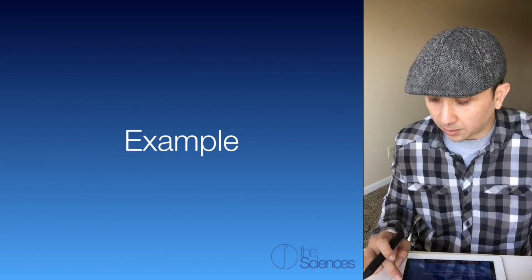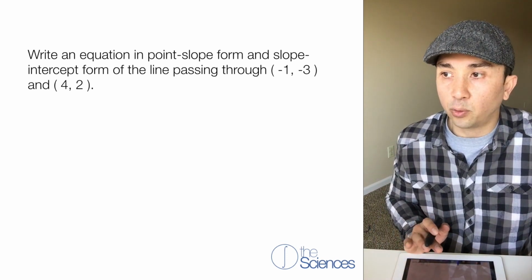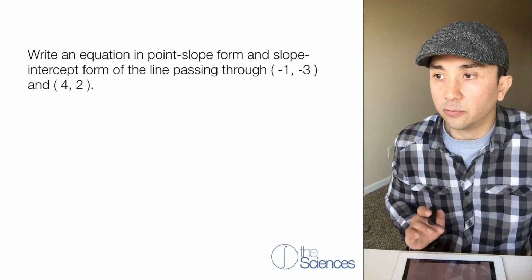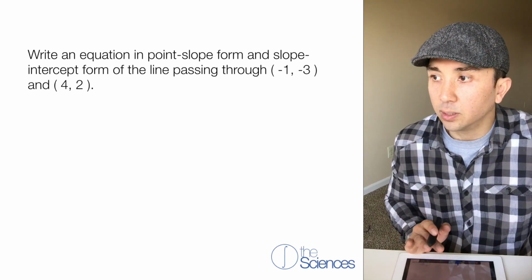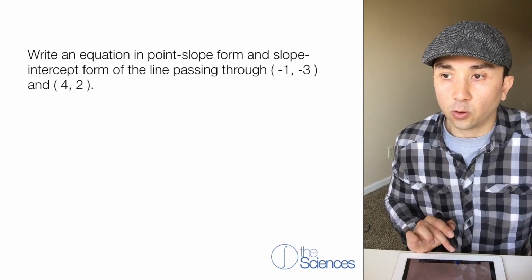So let's do an example. Let's write an equation in point-slope form and slope-intercept form of the line passing through -1, -3, and 4, 2.